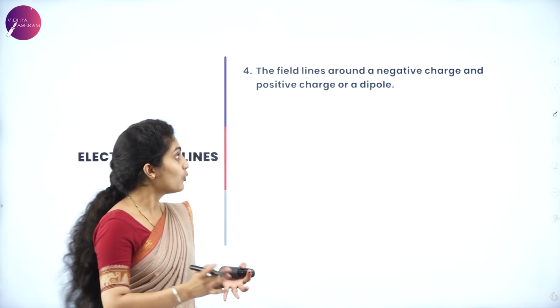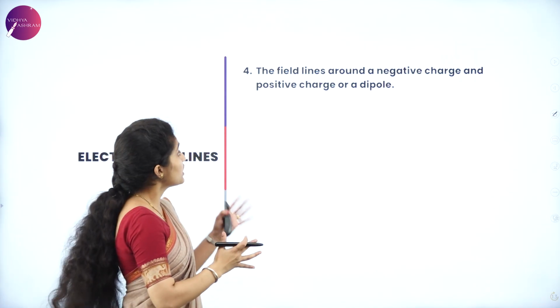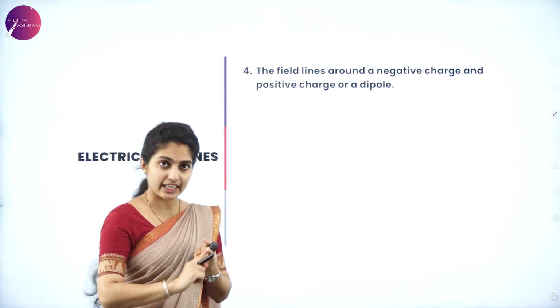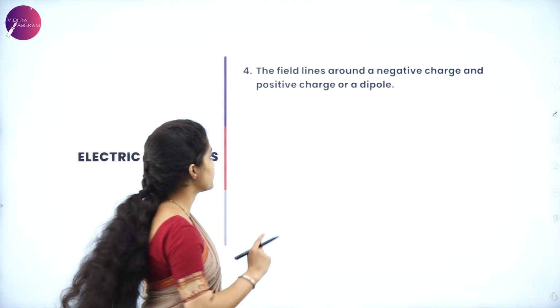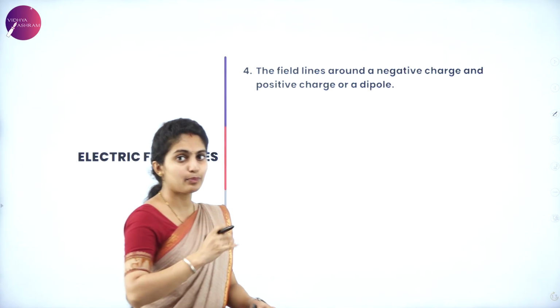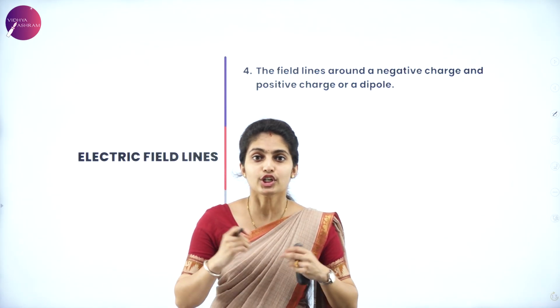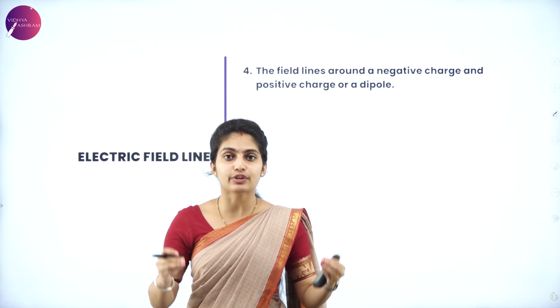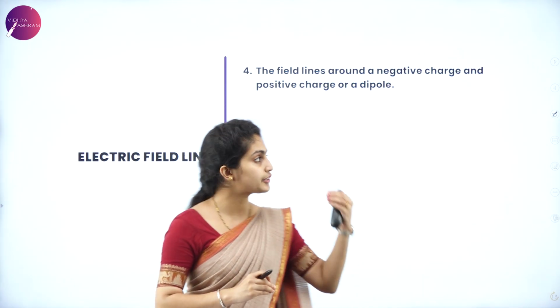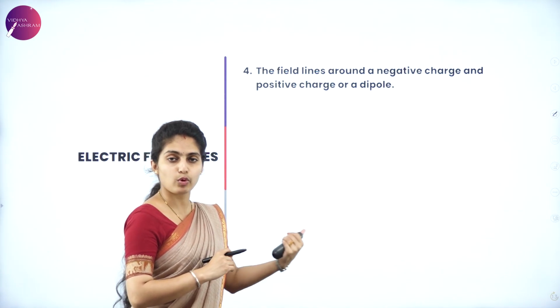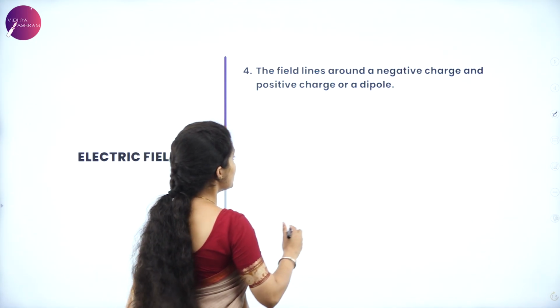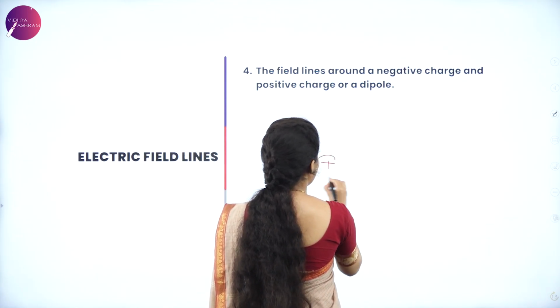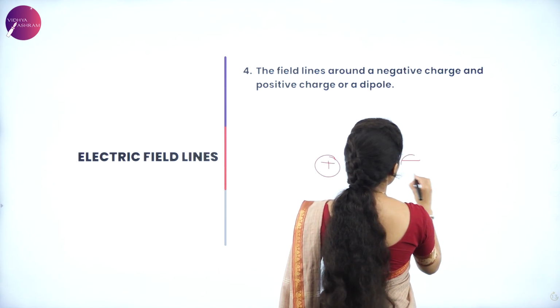Now consider unlike poles. So the field lines around a negative charge and a positive charge, or a dipole. Dipole means the one which has two charges with different signs, positive and negative. So here we are considering one positive charge and one negative charge. Here it is plus and here it is minus.